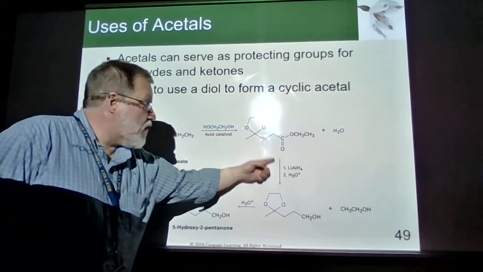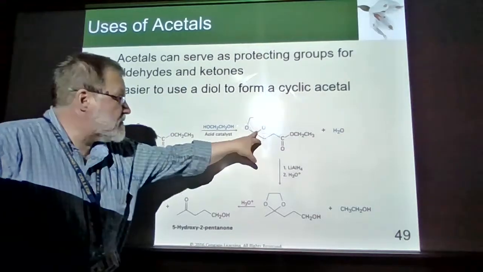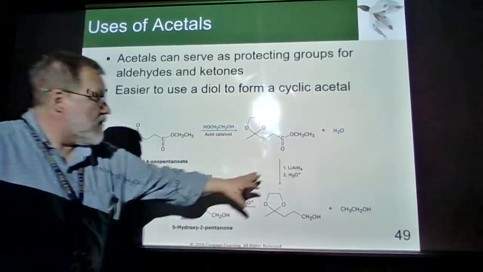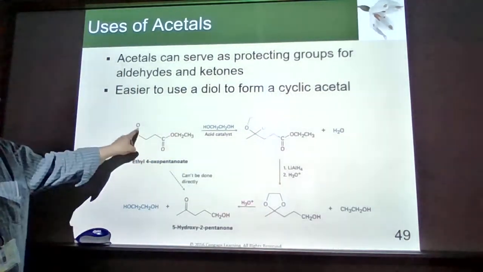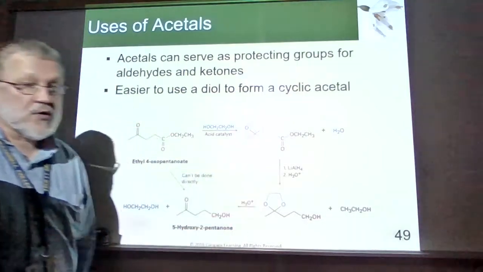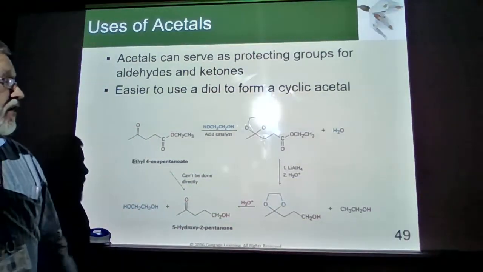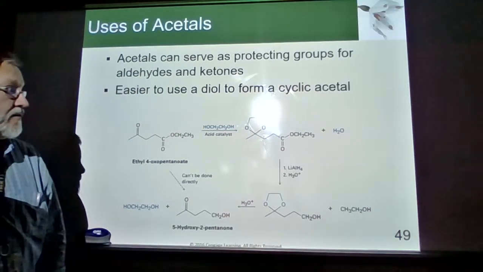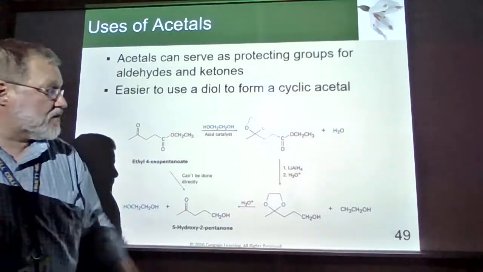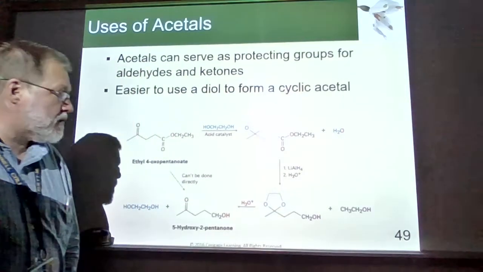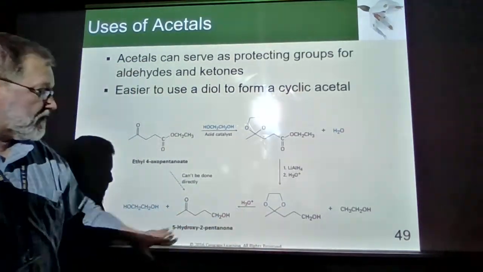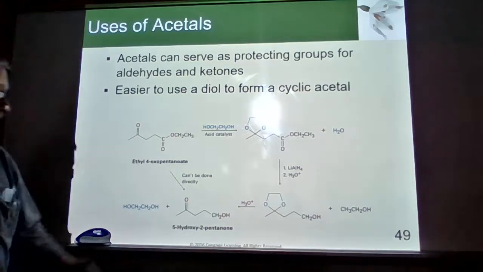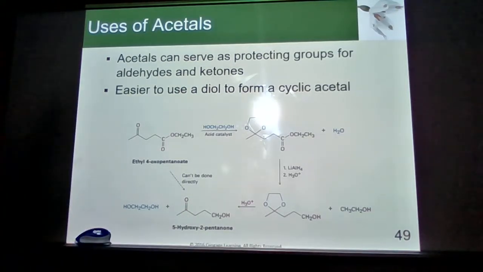You can then react the acetal protected intermediate with a reducing agent. The carbonyl would be attacked by your lithium aluminum hydride and reduced to an alcohol, but since it's masked, you only have the ester here. So the ester is reduced down to the corresponding alcohol. Under acidic conditions, you cleave the protecting group to give you your C double bond O back.